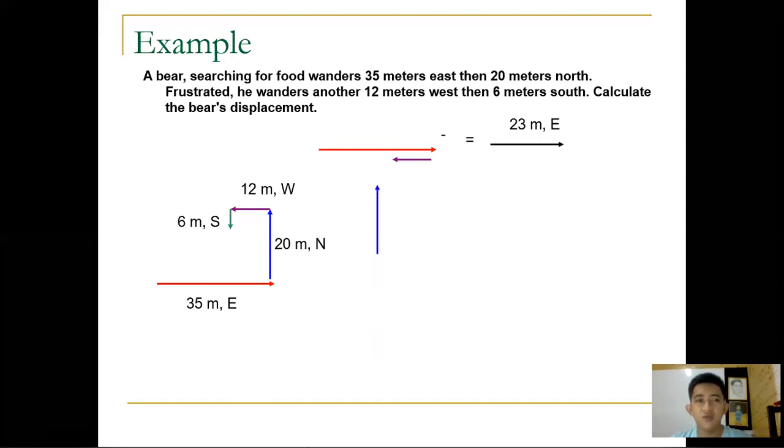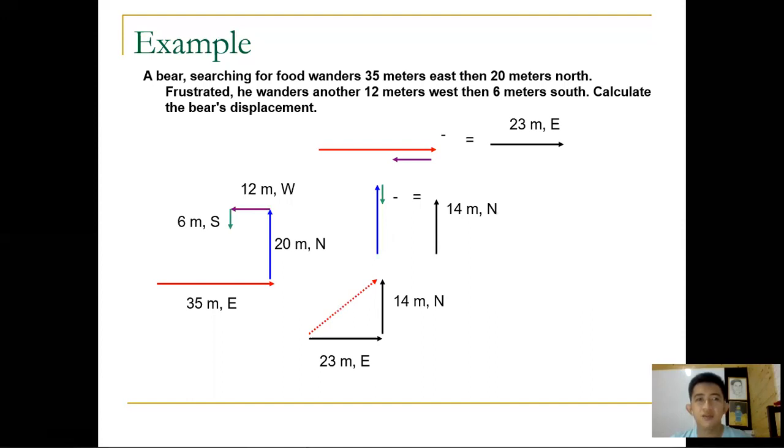So we have 20 meters north minus 6 meters south. Then we have 14 meters north. So to make a triangle, we have 23 meters east and 14 meters north.